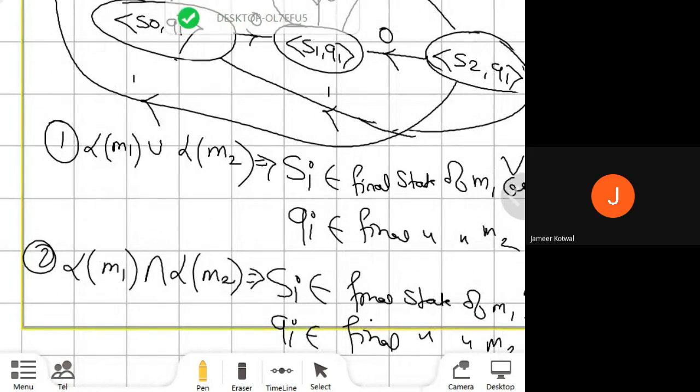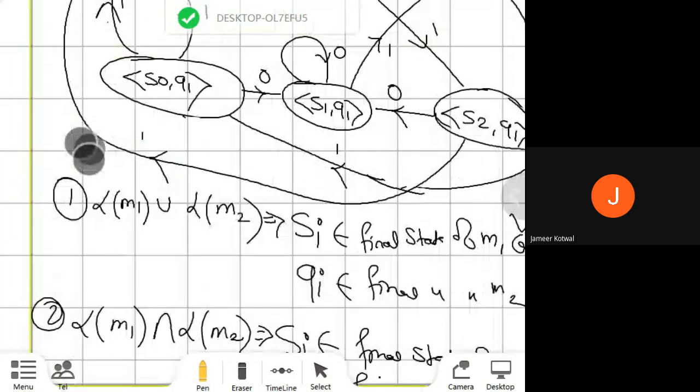Fine. And for the difference, tell me which one will be the final state. So what the difference says, I will draw the equation here.